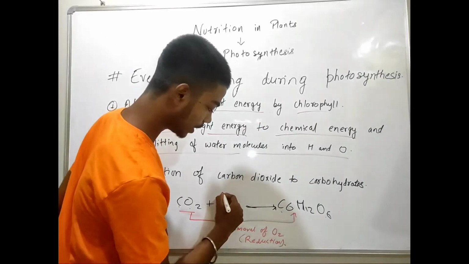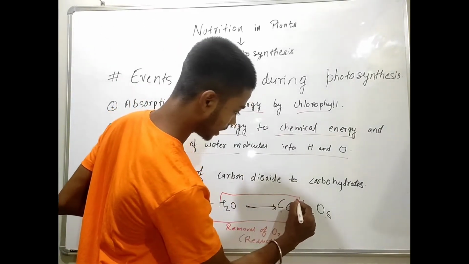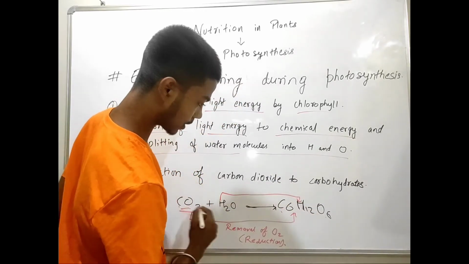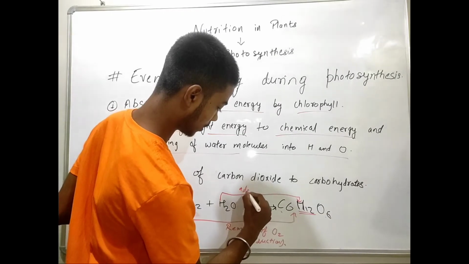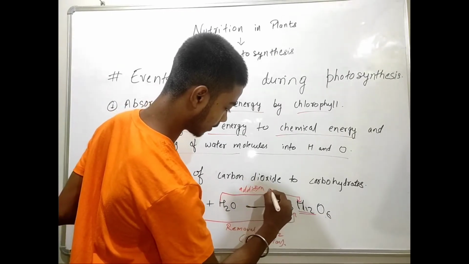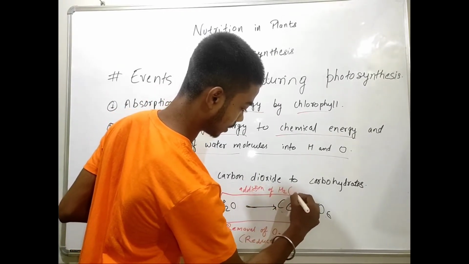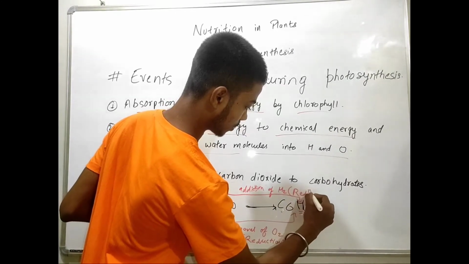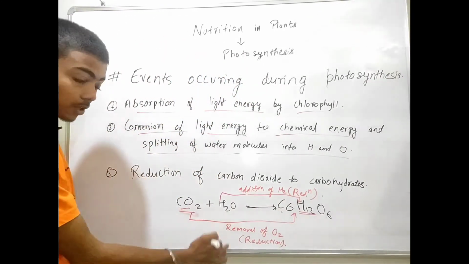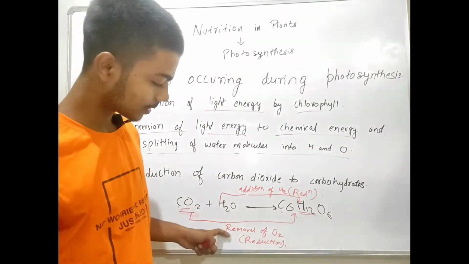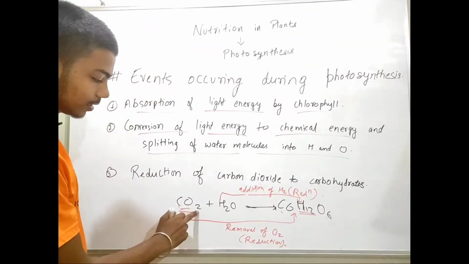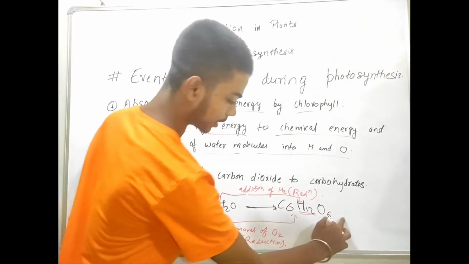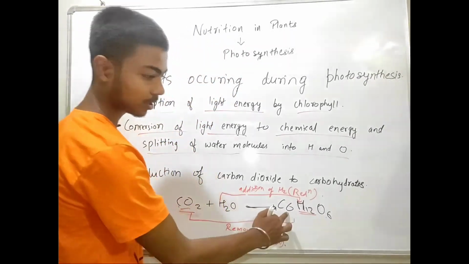So hydrogen from here is added to carbon dioxide here. So here, addition of hydrogen. Addition of hydrogen or removal of oxygen, both are regarded as reduction. So here reduction of carbon dioxide is done to carbohydrate, and the substance formed is carbohydrate.